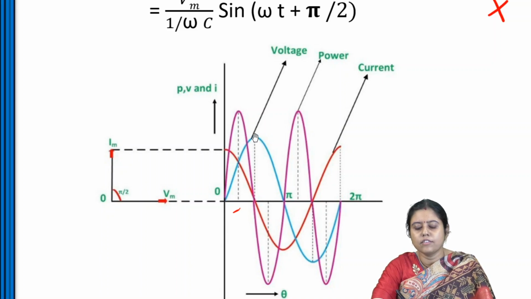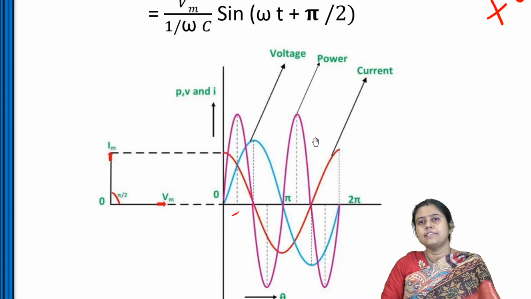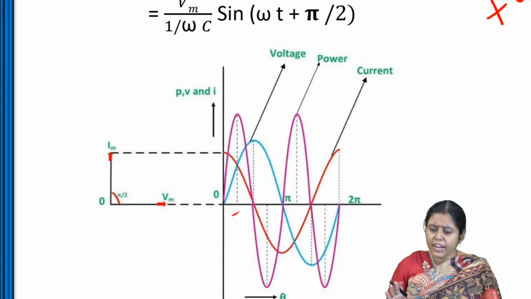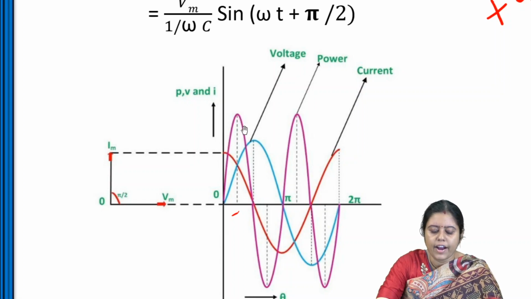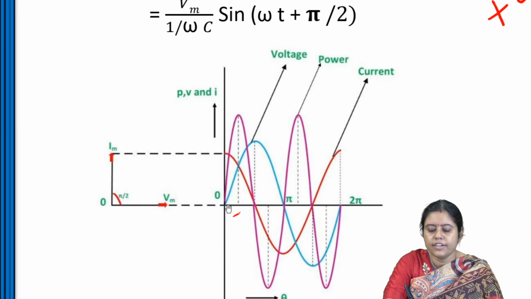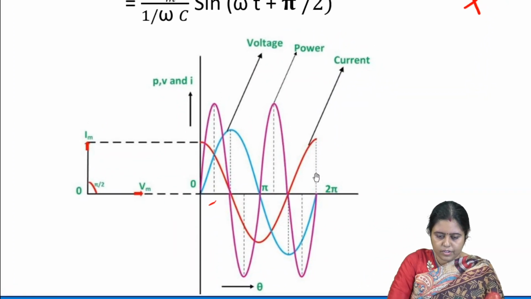When the voltage is at its peak, the current is at 0. You can see the same thing here: the current is in the leading condition. The current is leading the voltage by an angle of 90 degree.